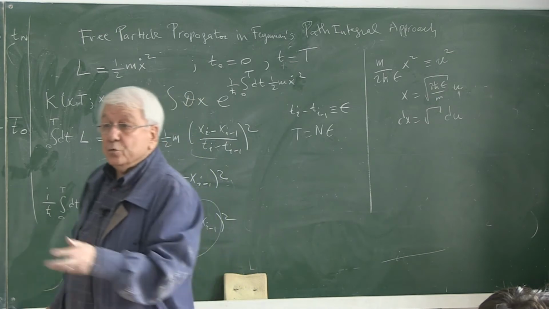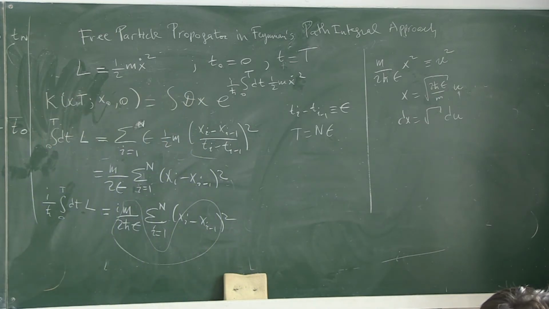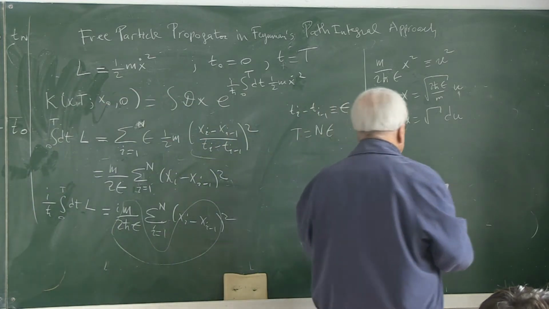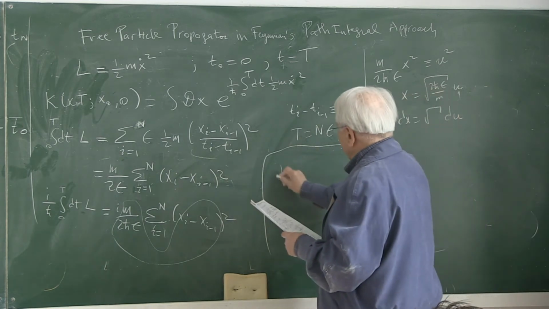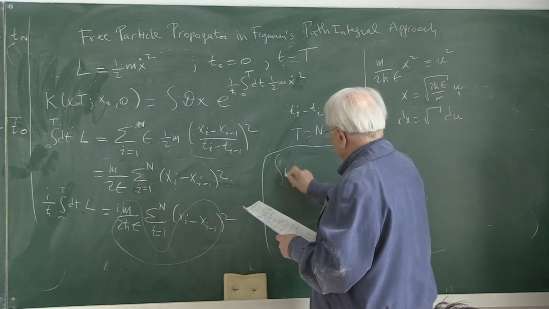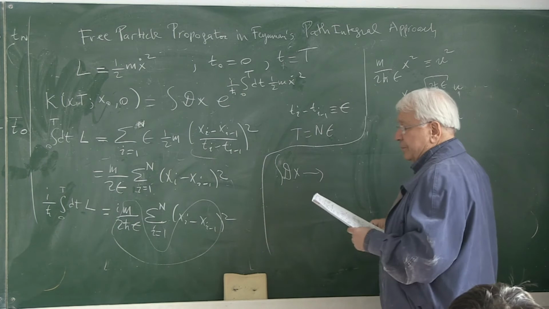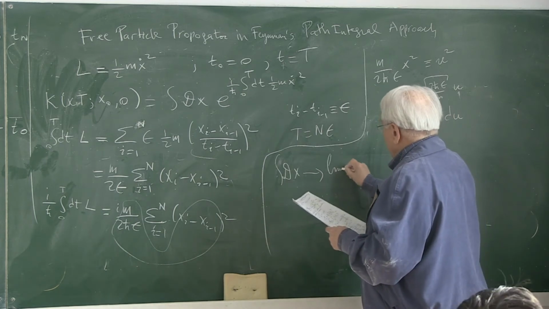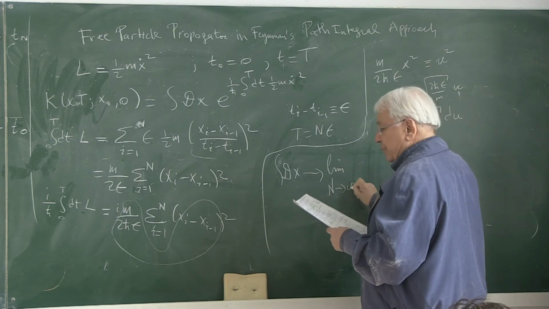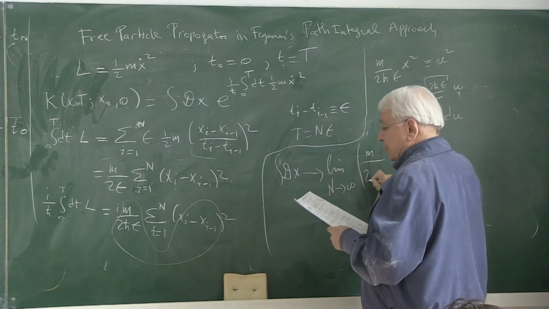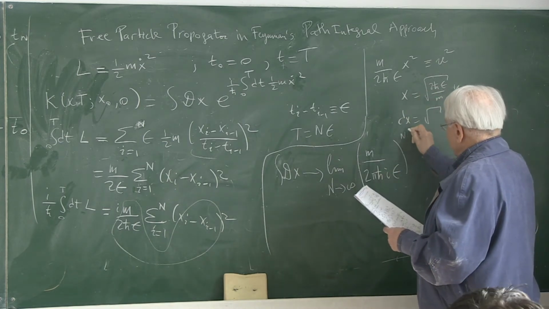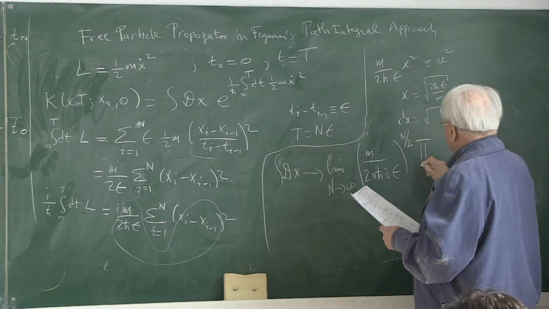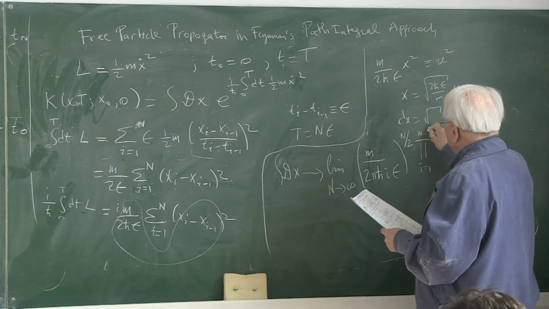You'll see why I need to do such simplifications, because, remember, the measure was horrendous. Okay, let me write the measure now. What was the measure? Dx. This was the limit n going to infinity of m divided by 2 pi h bar i epsilon to the n over 2 times the product over i from 1 to n minus 1.